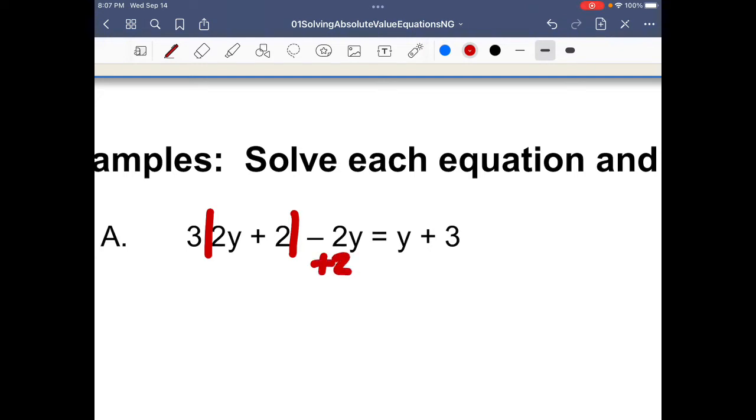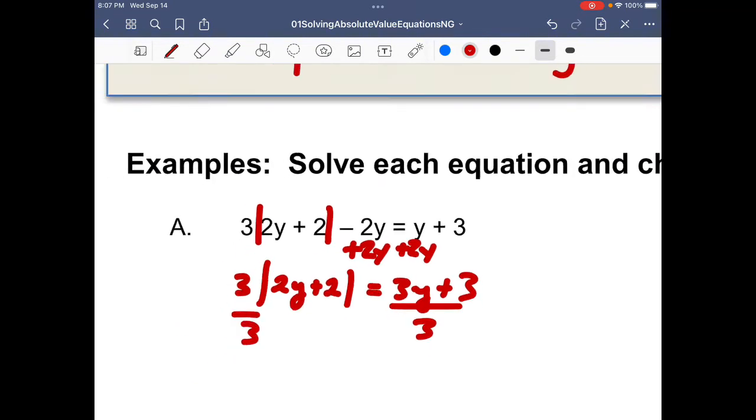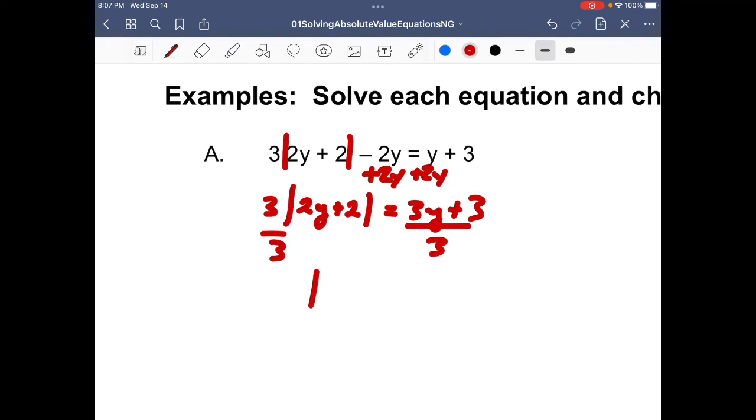So there's some preliminary work that needs to be done here. That would start off by adding the 2y to the other side. That's going to give us 3y plus 3. And this 3 that's out front, we're going to divide that. Now we have the absolute value of 2y plus 2 isolated. It equals y plus 1.